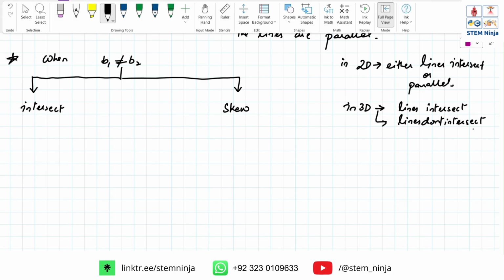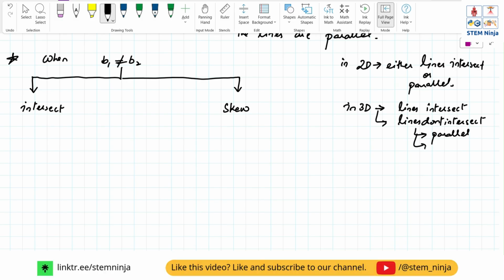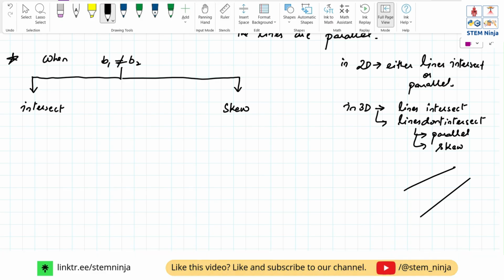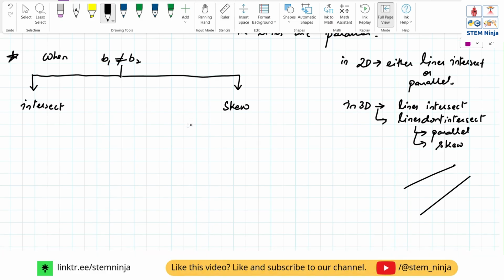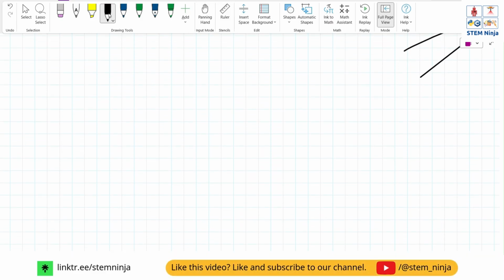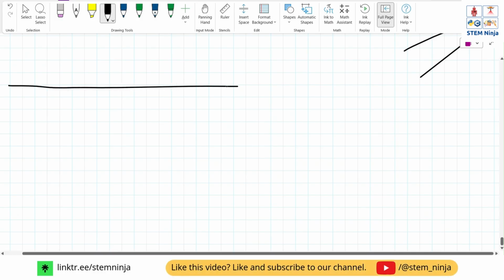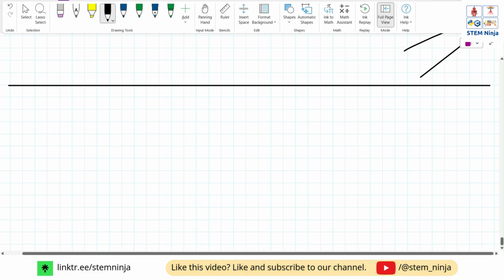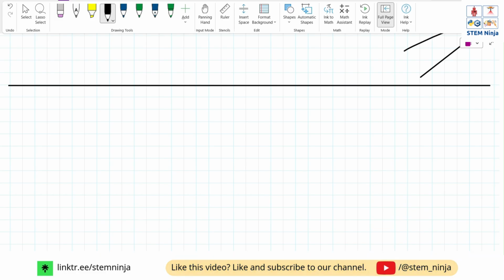But when they don't intersect, this means that either they could have been parallel, that's why they couldn't intersect, or they could have been skewed. Skewed means that they are not intersecting in 3D space. Now, let's see with past paper question examples how we can differentiate between skewed lines and intersecting lines.